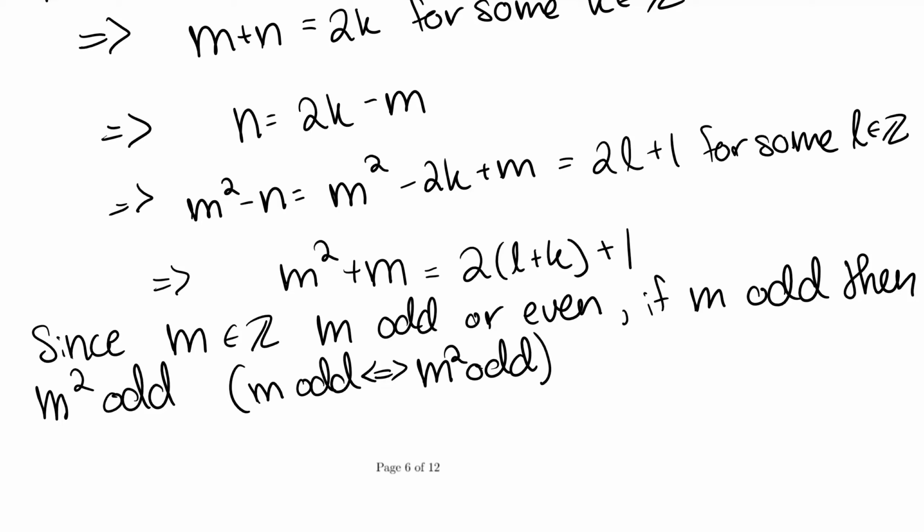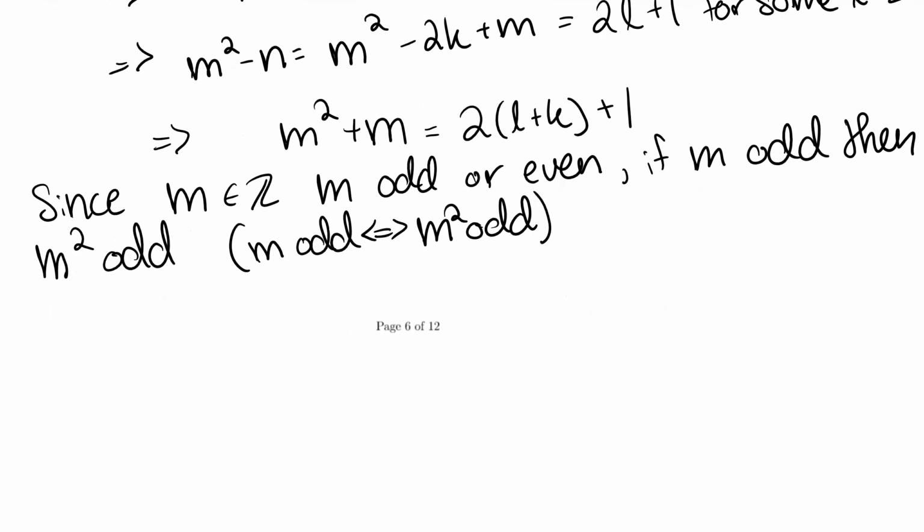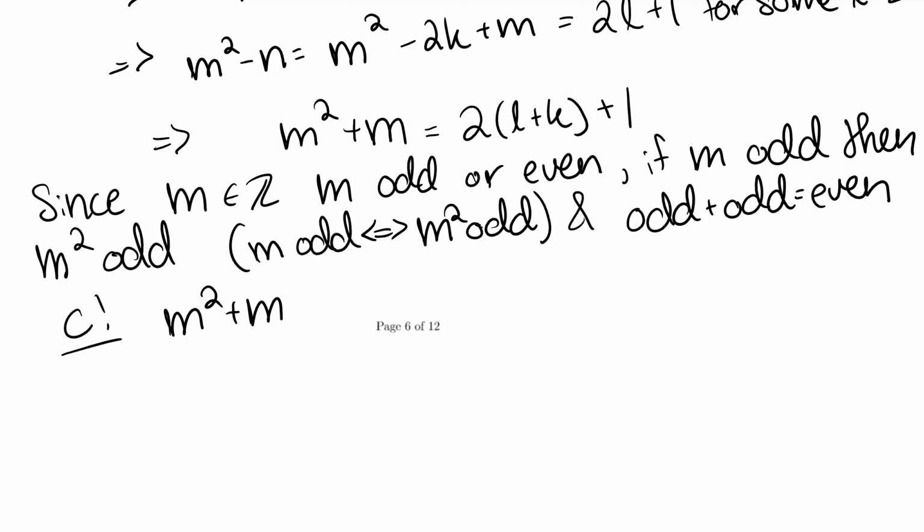You won't have to prove that unless we ask you to, but you can use it in a proof if that's not what they're asking. So if m is odd, then m squared is odd, and odd plus odd equals even. Contradiction, since m squared plus m is odd.